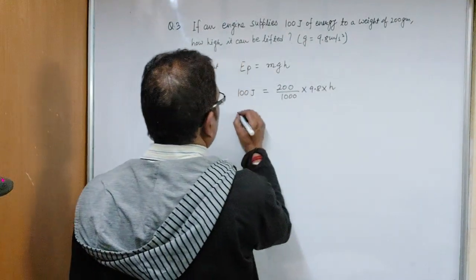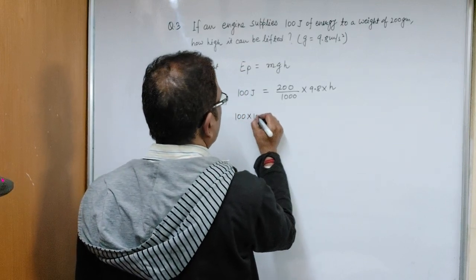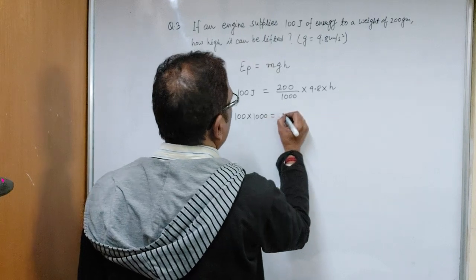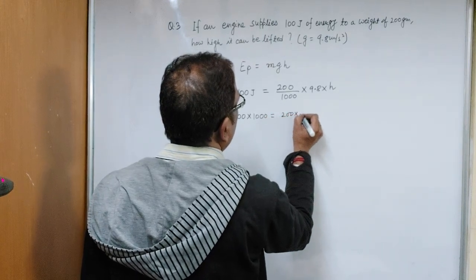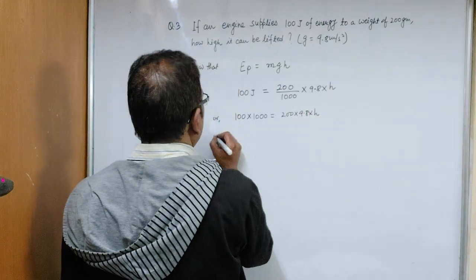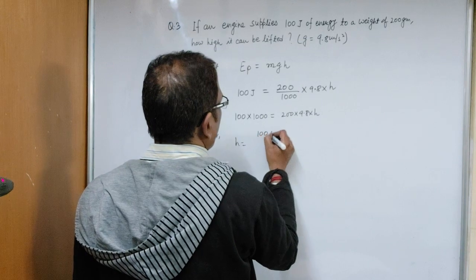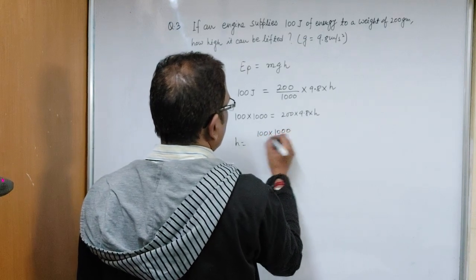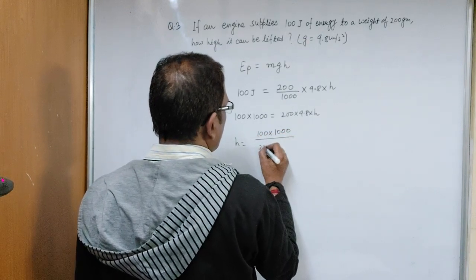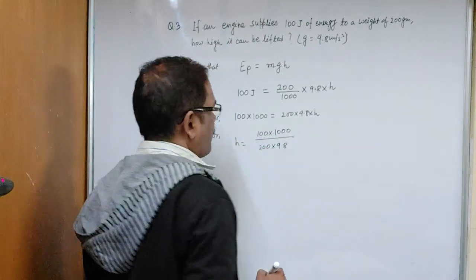So it will be 100 cross multiplication into 1000 is equal to 200 into 9.8 into h, or we can write h is equal to 100 into 1000 divided by 200 into 9.8.